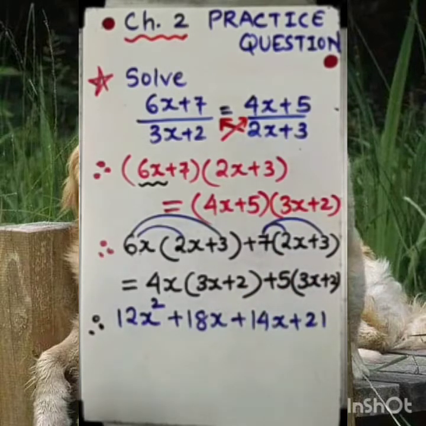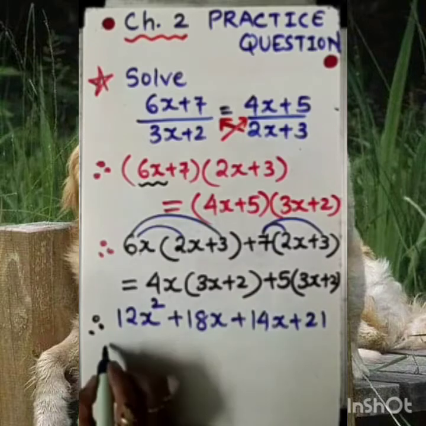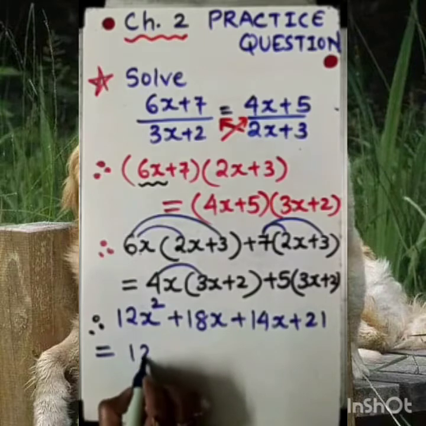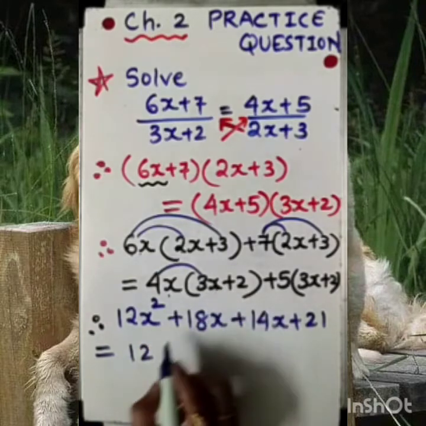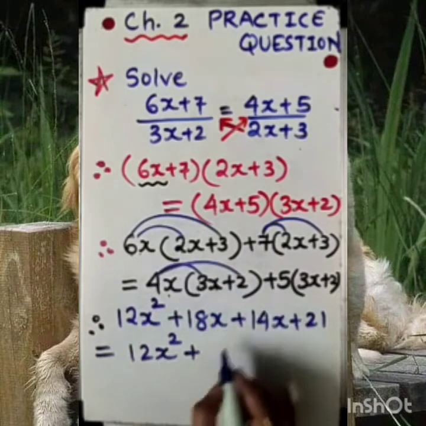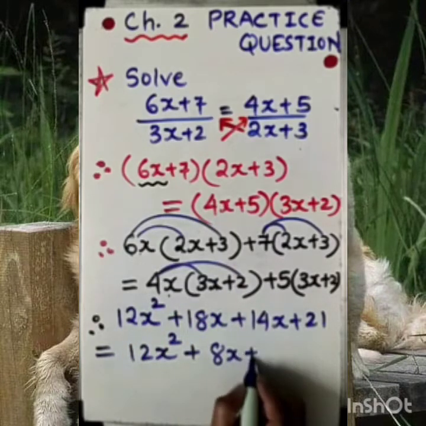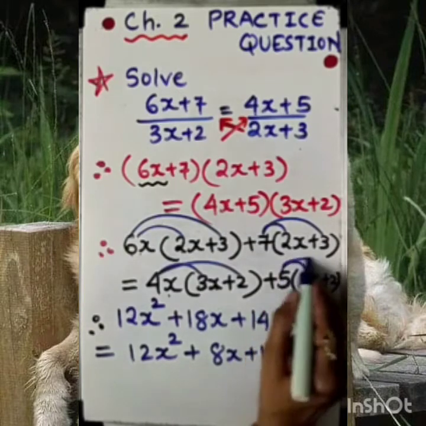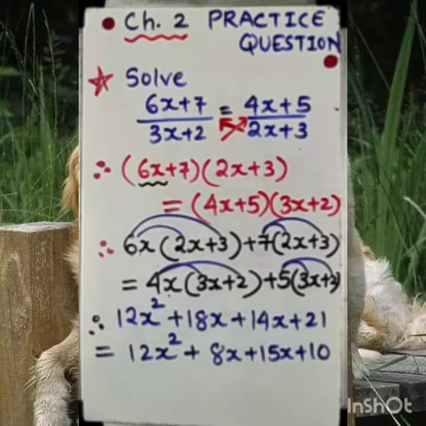Clear to you how I have done? Now the same procedure, let's multiply 4 with 3, 4 3s are 12. x into x is x square. Here 4 into 2, 4 2s are 8x, plus 5 3s are 15x, plus 5 2s are 10. So this is the multiplication of two brackets I have done here.